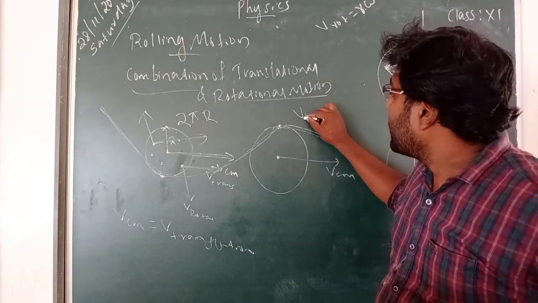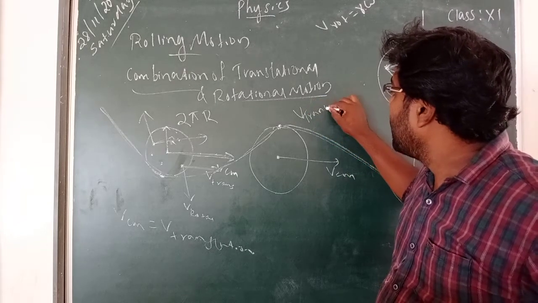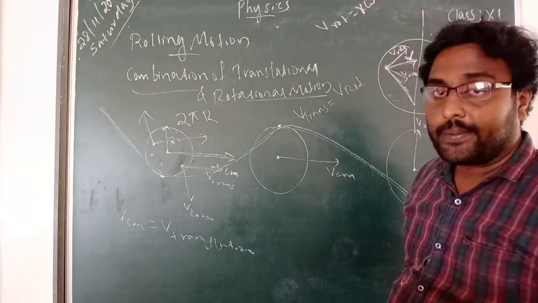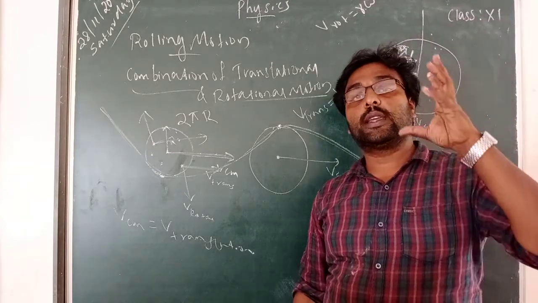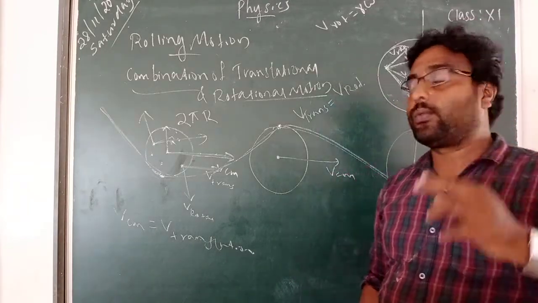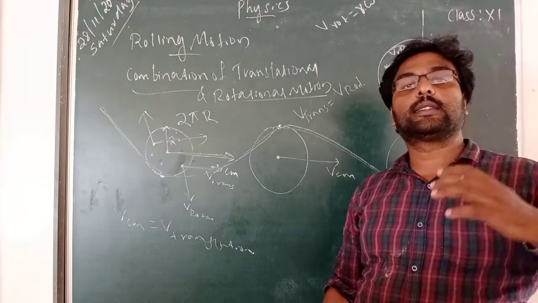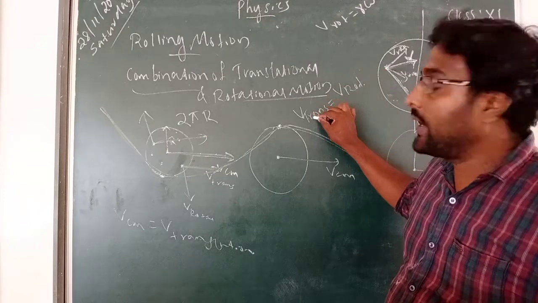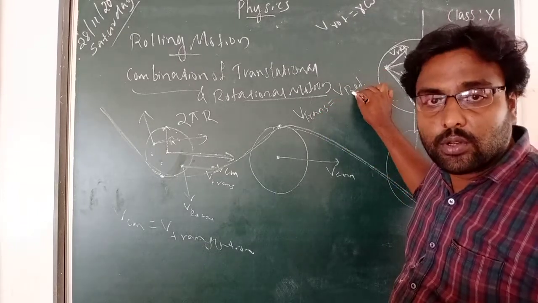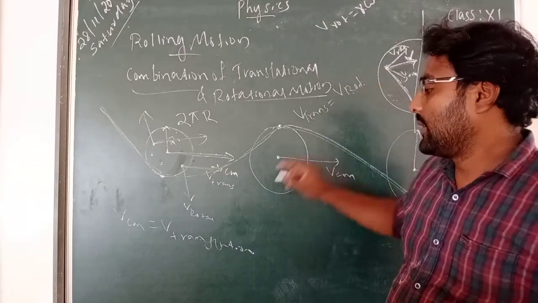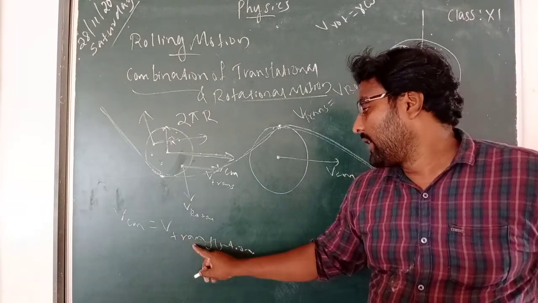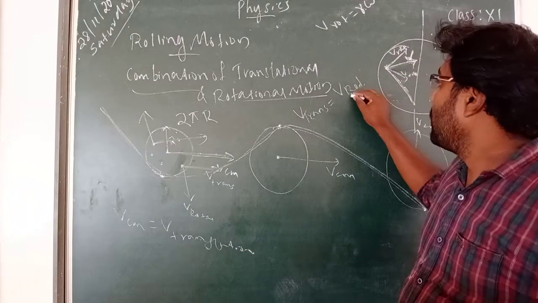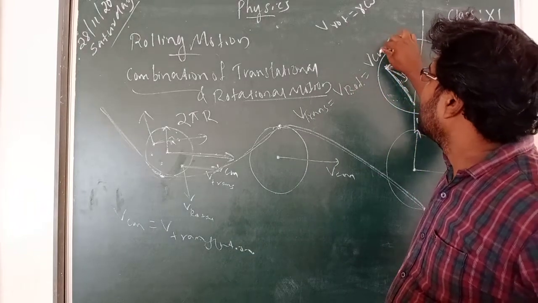The size, the value of these two, translational motion and rotational motion, is the same. So you can write V translational is equal to V rotational. As you already know, V translational is equal to the center of mass velocity, so you can write VCM.